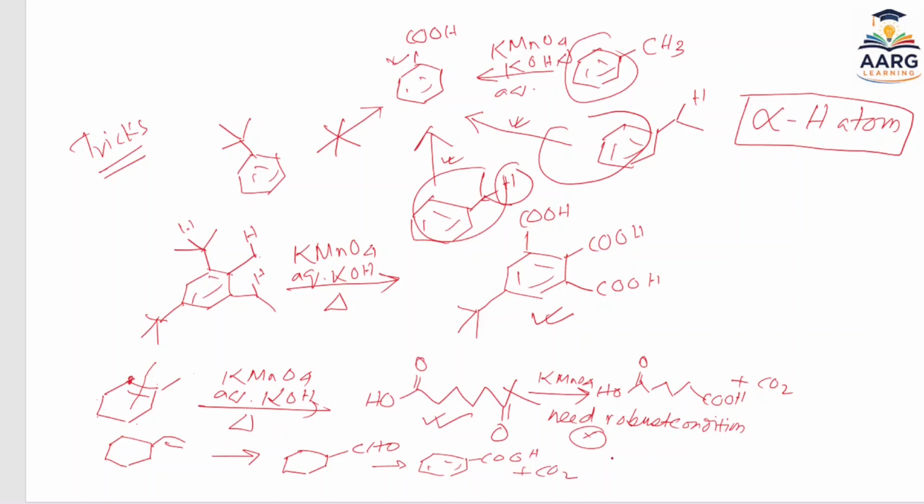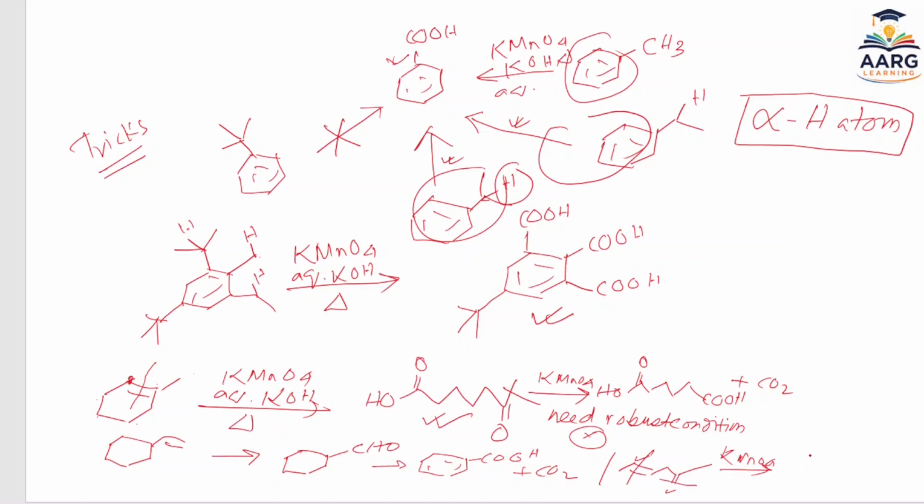If I give you another compound, say this type of compound, containing one primary and one secondary alkene, so on KMnO4, it will break from here and from here.